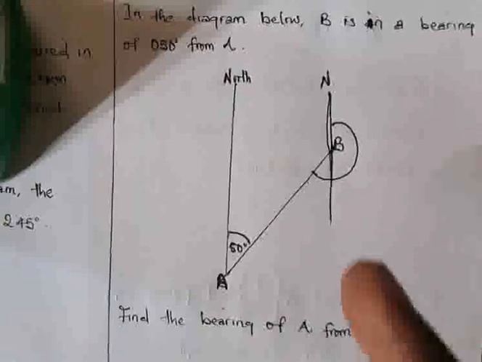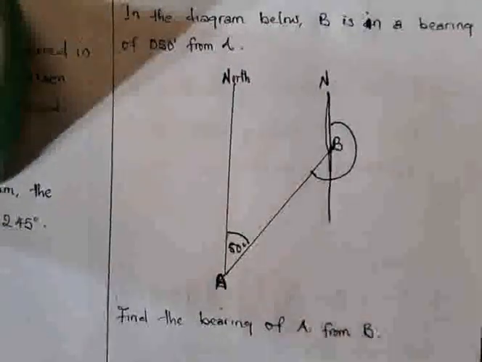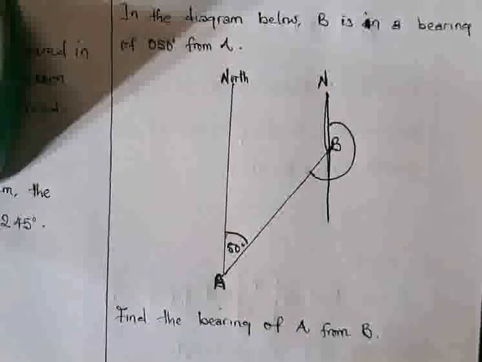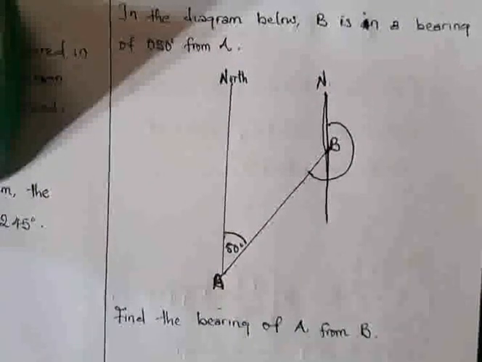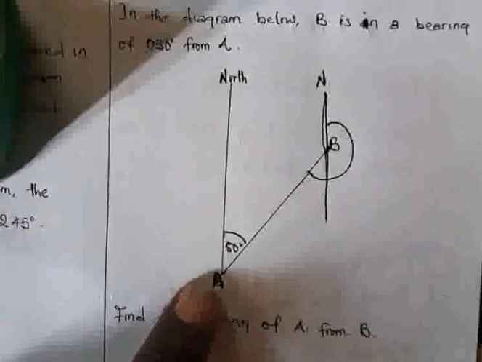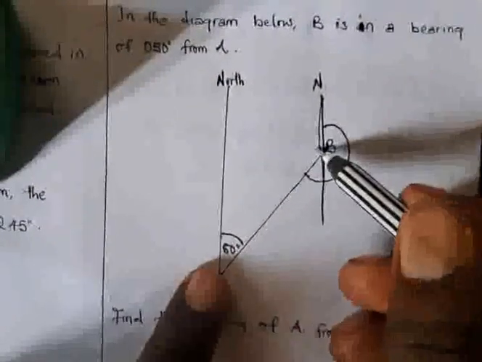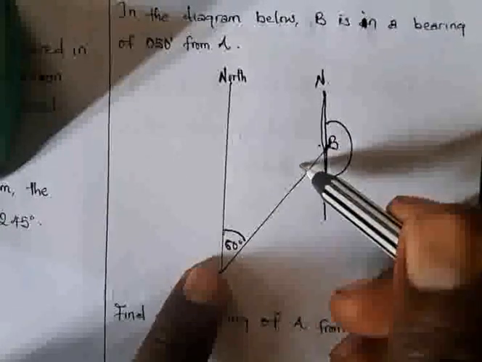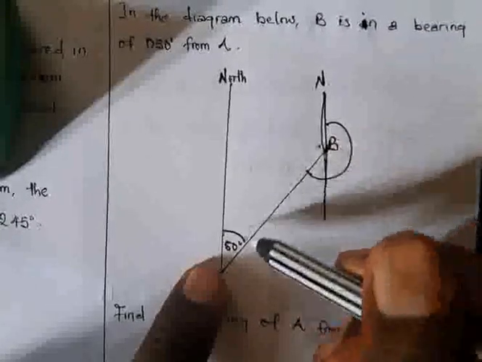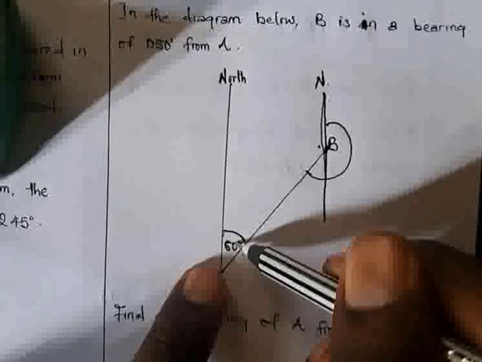How can we find the size of this angle? Well, there are many ways. I'll explain them, but we'll work out just one together. For example, this one and this one are cointerior angles, and they add up to 180. So we say 180 minus 50, then you get 130.